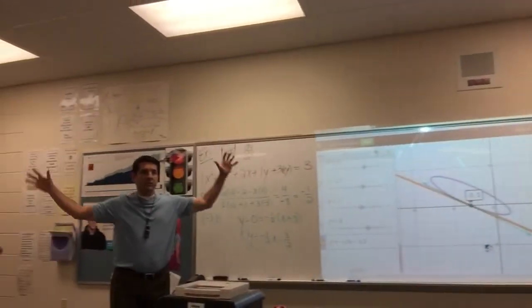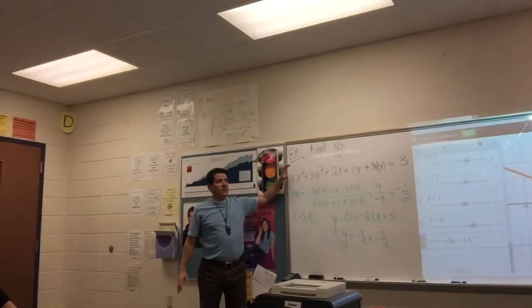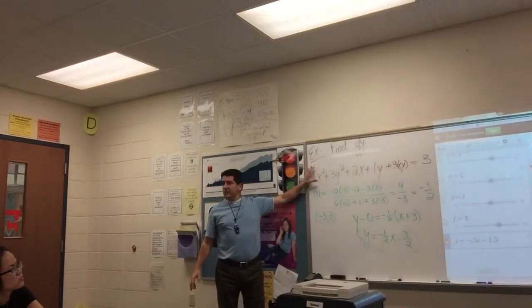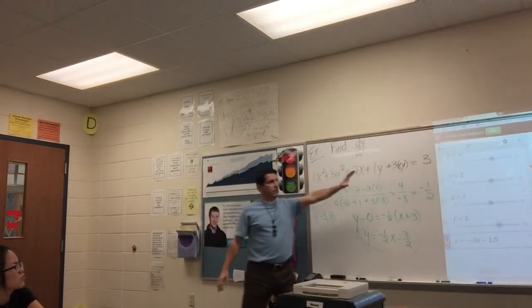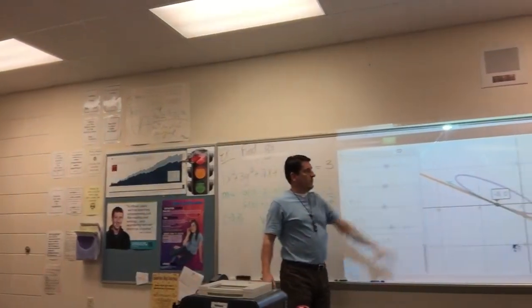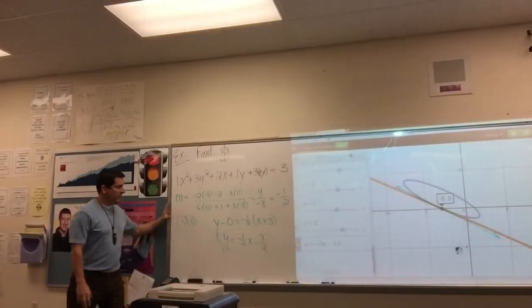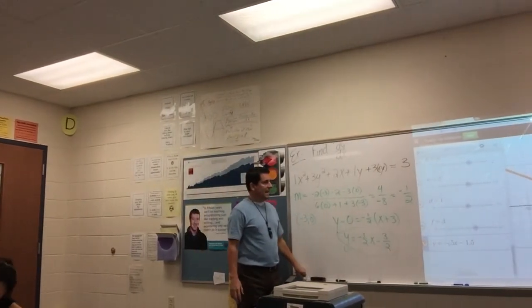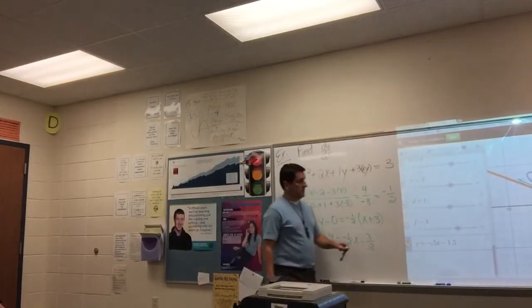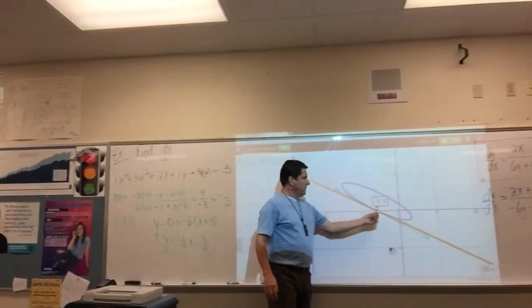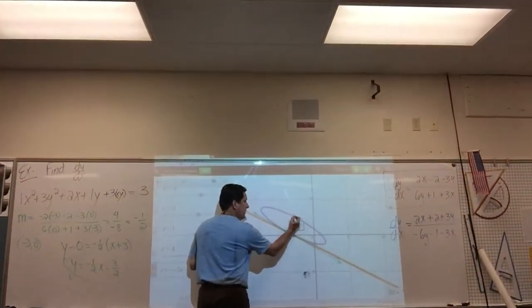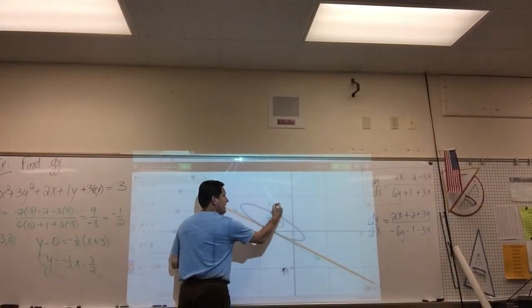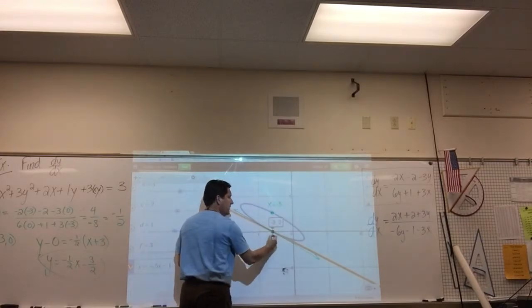So, what you just saw here was a big picture deal of, you can take any conic section, you can find the derivative of it, which then allows you to find the slope of the line tangent. Notice that you use both the x and the y, because there's also another place right here that has an x value of -3.